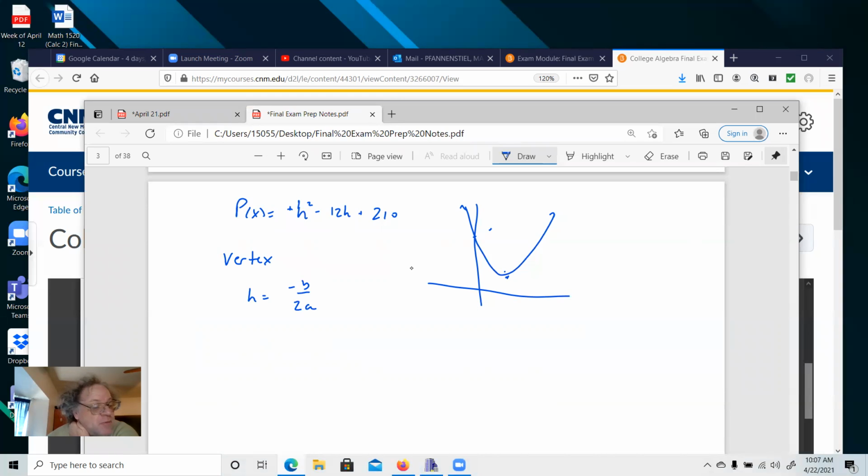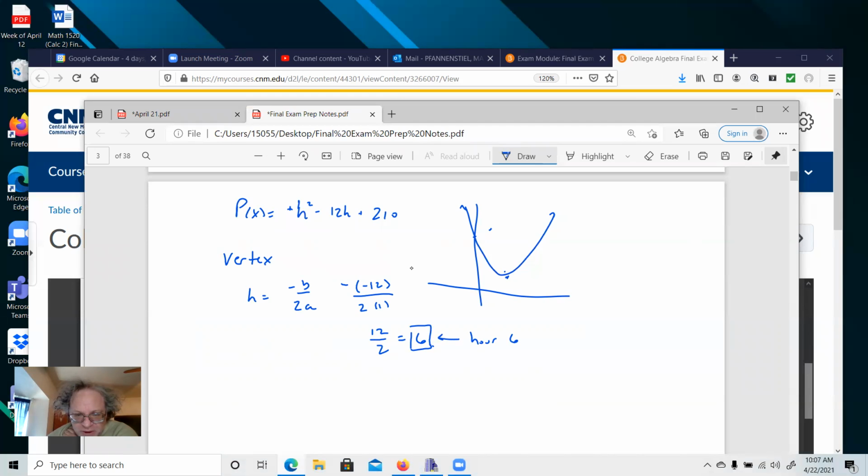I'm sorry you have to memorize this formula, but it's the way it is. So we're going to say negative negative 12 over 2, and a is 1. So we have 12 over 2, which is 6. So our minimum power is in hour 6.